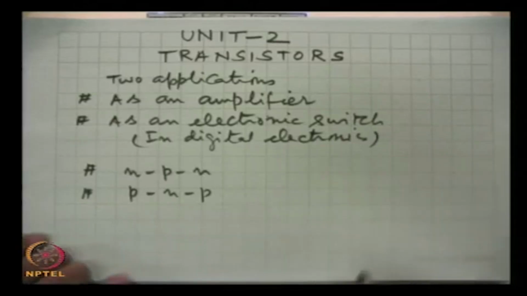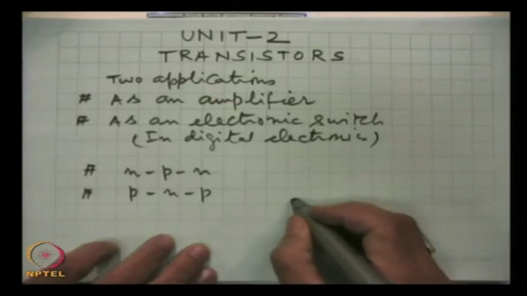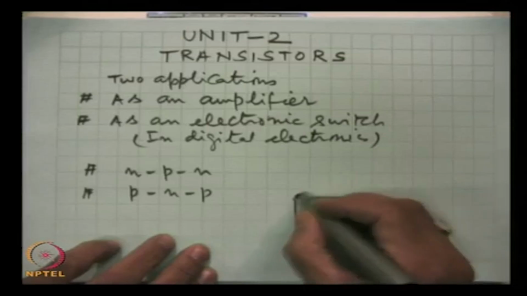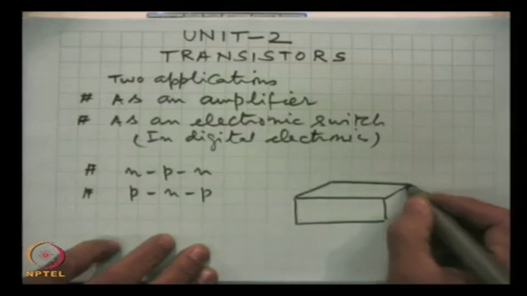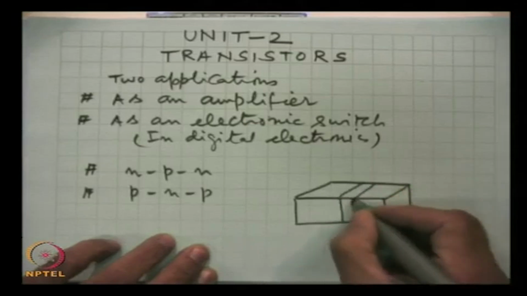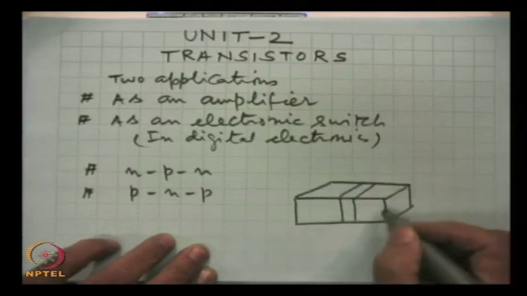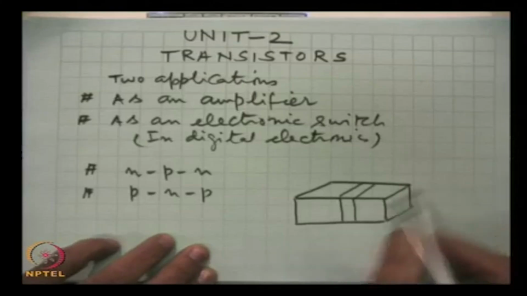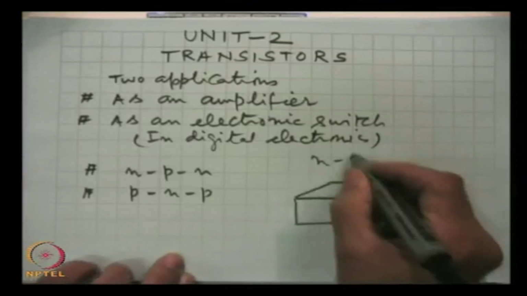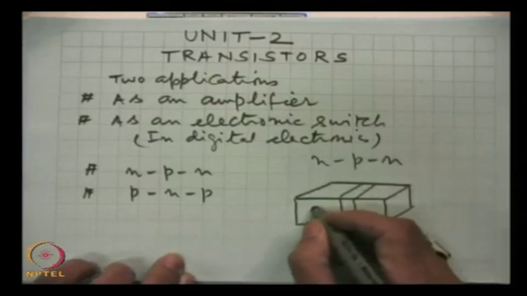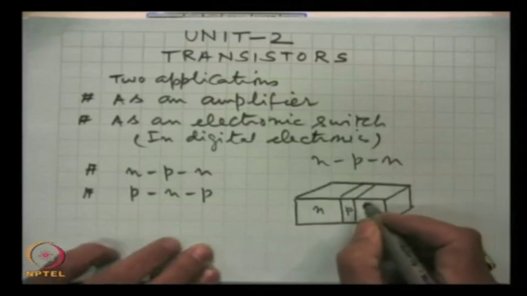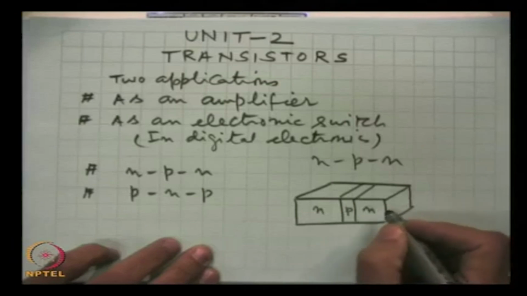An NPN transistor can be shown, for example, like this. This is the three dimensional figure for a transistor, where we are talking of NPN. So, this is N type semiconductor, this is P type semiconductor, and again N type semiconductor.